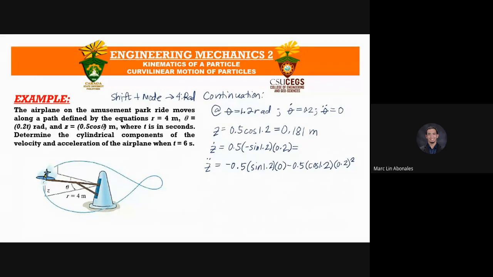And for the first derivative, z dot, 0.5 times negative sine 1.2 times 0.2. Pila man? What's the value of our first derivative, kaning z dot?